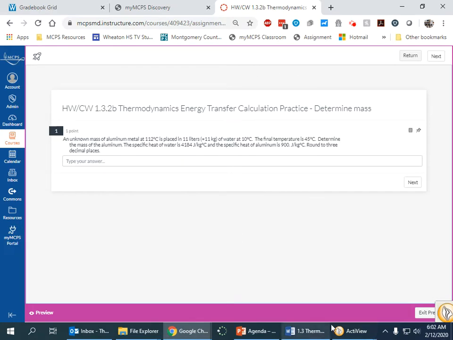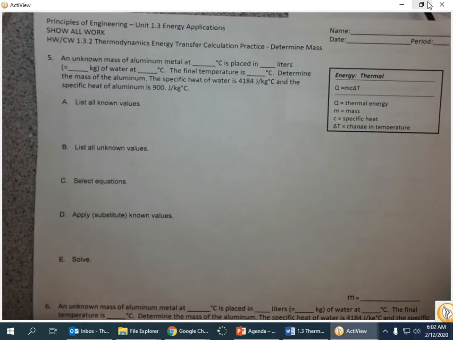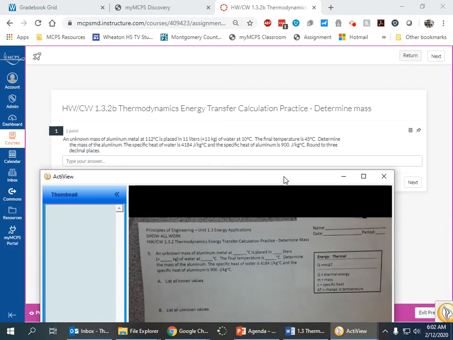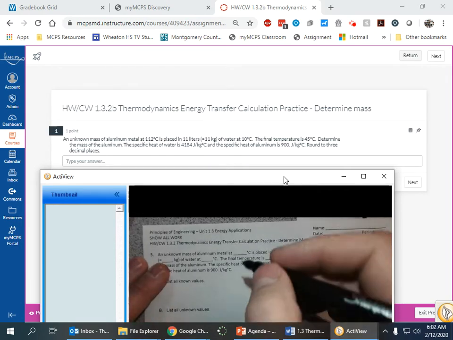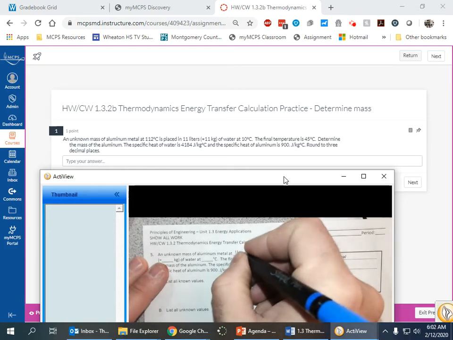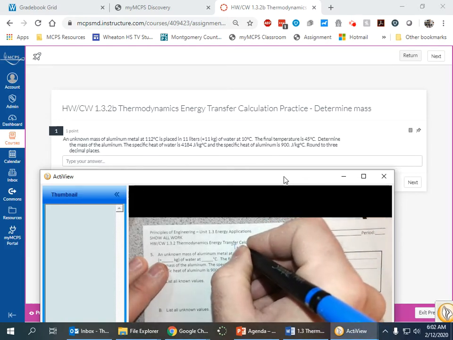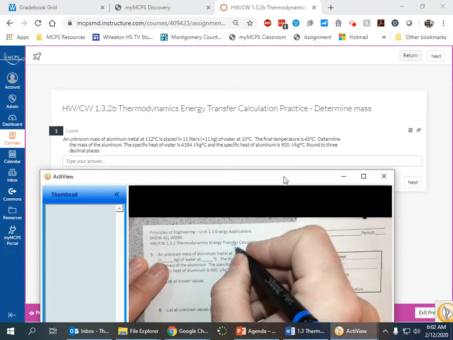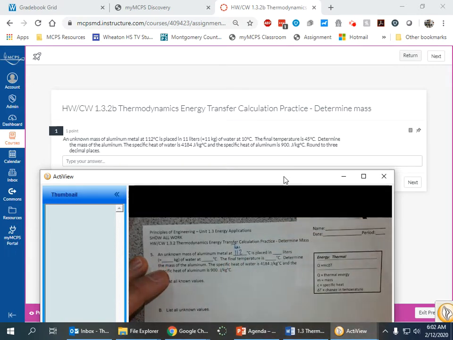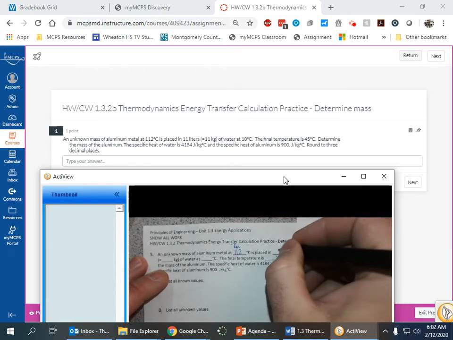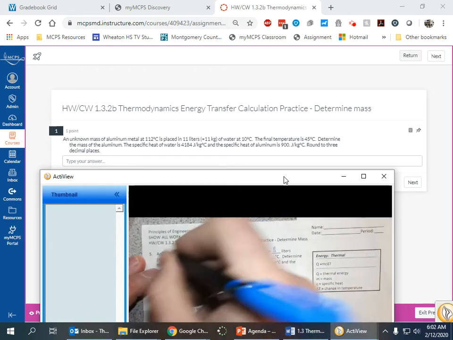So here's my problem, and I'm going to write down my problem on my sheet here. An unknown mass of aluminum at 112 degrees Celsius, and I know that that's the temperature of the aluminum, probably the initial temperature, is placed into 11 kilograms of water.